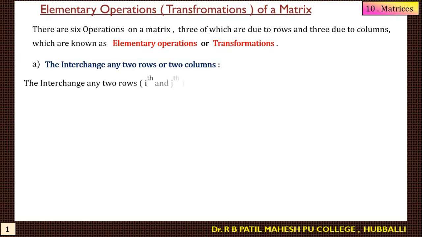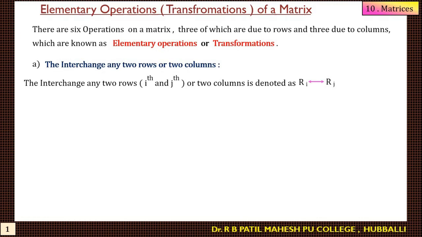The interchange of any two rows, let me say ith and jth row, is denoted as Ri double arrow Rj, and this double arrow mark represents interchange.